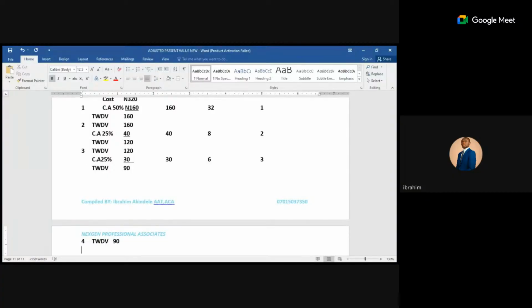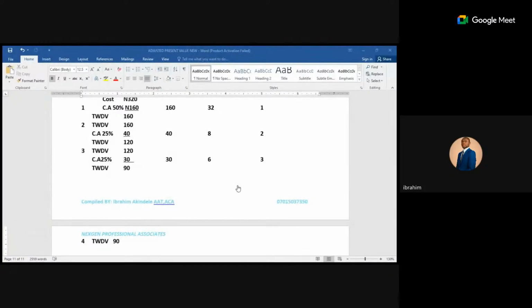You don't need to charge capital allowance in the final year because they have a sales proceed. It is from the sales proceed you need to adjust your balancing adjustment. Please, in the last year at which you dispose an asset, it will not enjoy a capital allowance.